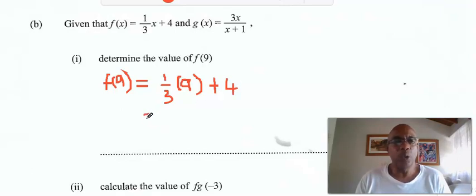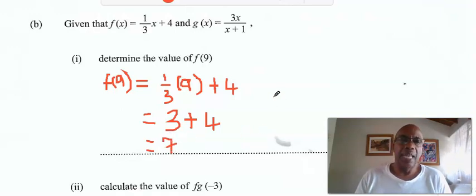So we simply have to work this out and we have the answer. 1/3 of 9 is simply 9 divided by 3. So the answer is 3. Plus 4 is 7. So f of 9 equals 7. So that is part 1.